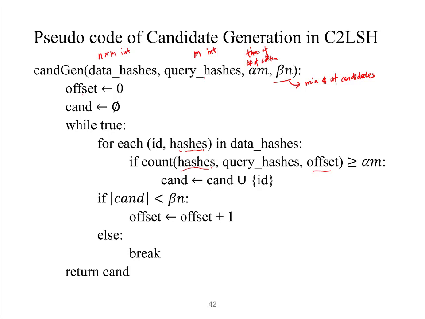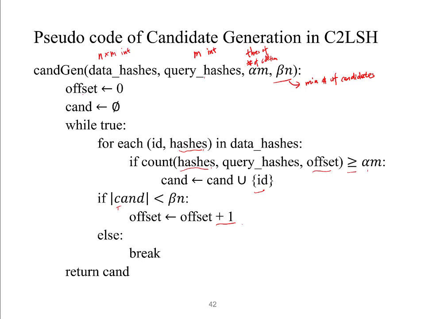All right. So we count. If the count is larger than or equal to alpha m, then we add the ID into the candidate set. If it is not, then we do nothing. Then we count the number of elements in the candidate set. If the size is still smaller than beta n, we increase our offset.